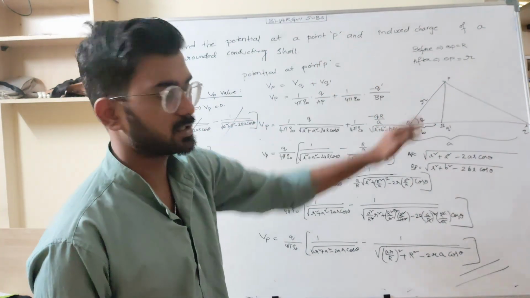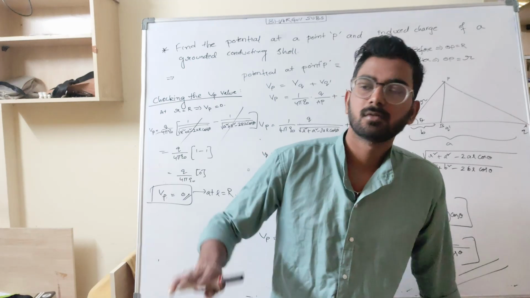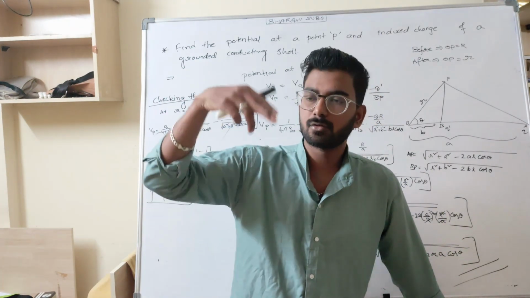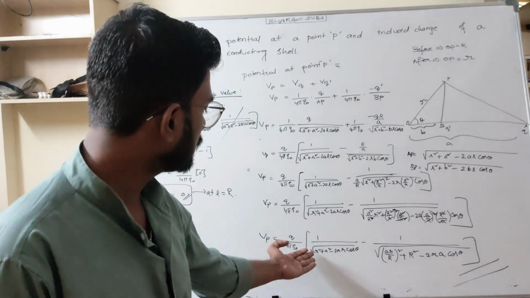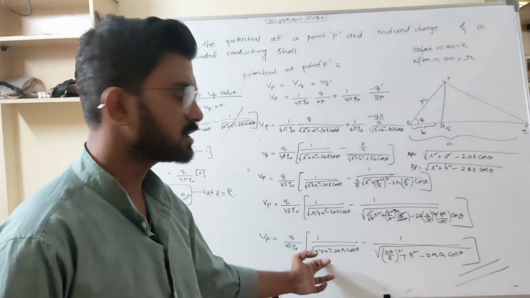Yeah, so finally, by taking a conducting shell which was grounded, I took the potential at point P and the induced charge. If it is grounded, the potential on the conducting shell was 0. But if it is not grounded, if you take a certain smaller distance, you can find it, because you know the a at which the initial charge was present.